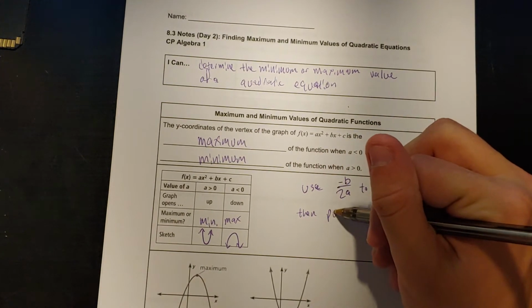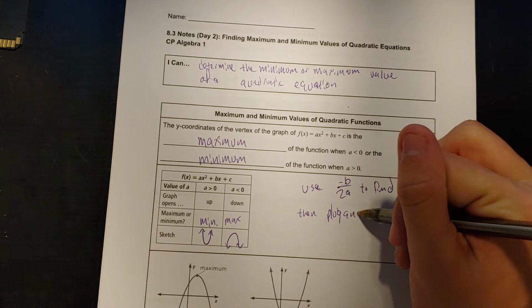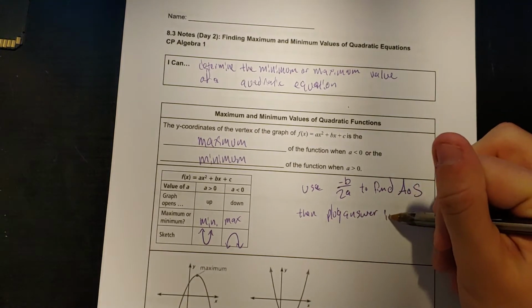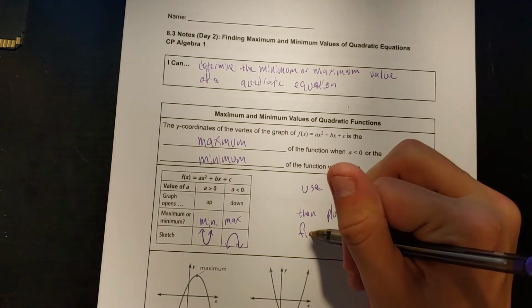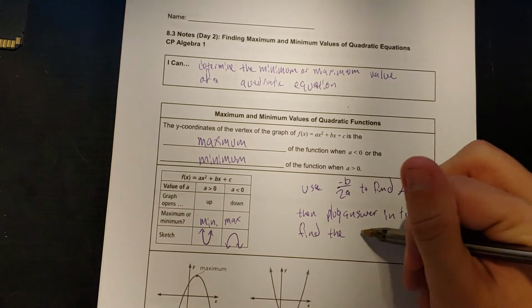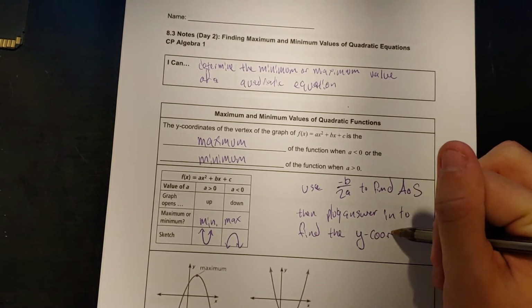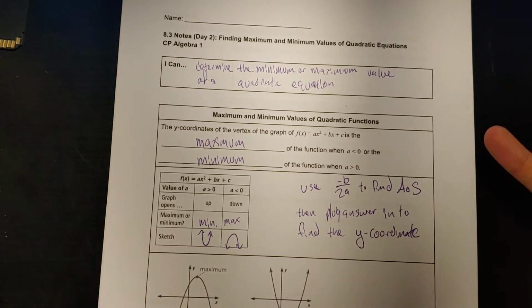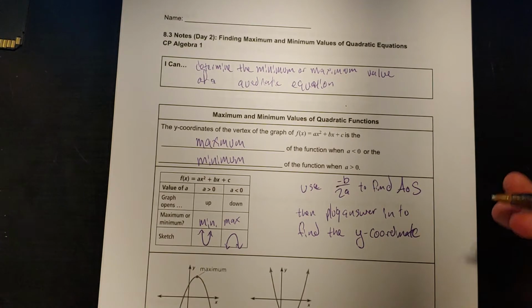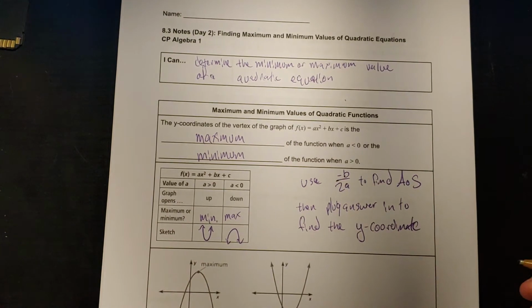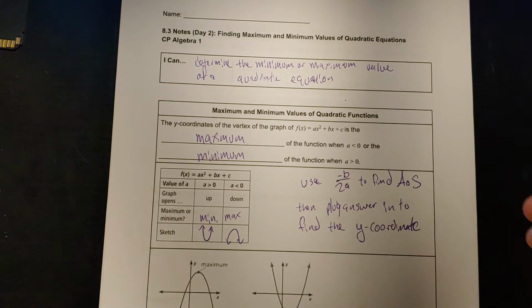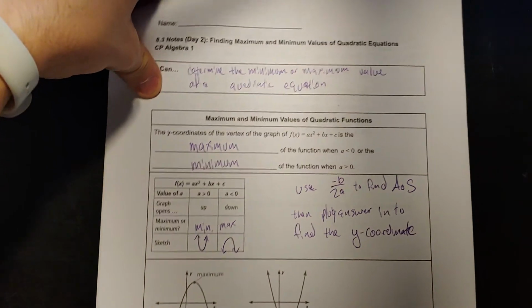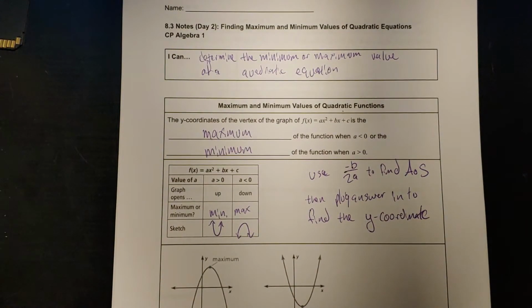Then we're going to plug that answer in to find the y-coordinate. Last time we found the vertex. So this time we're going to be thinking about whether it's a min or a max, and then what the y value is at that min or max. So we're just looking at it a different way.